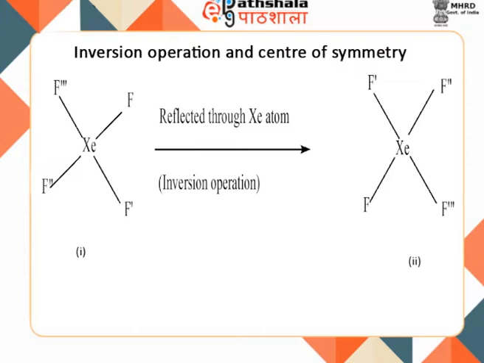Here, 1 and 2 are indistinguishable orientations, and thus the Xe atom of the XeF4 molecule is the center of symmetry. Both inversion operation and center of symmetry are denoted by the symbol I.